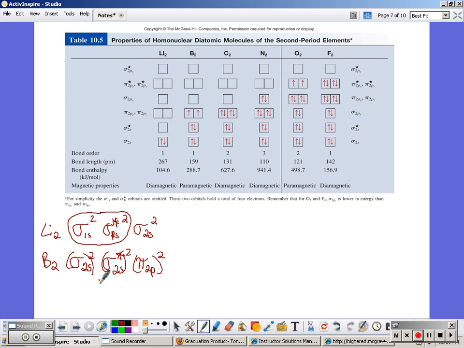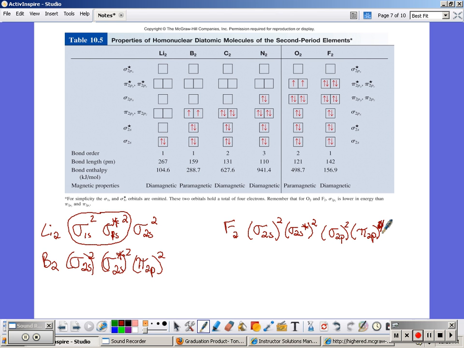So if we do fluorine, F2, we would have sigma 2s squared. You can put parentheses around it if you want. You don't have to. Sigma 2s anti squared, sigma 2p squared, pi 2p to the fourth, because remember there's two orbitals there.